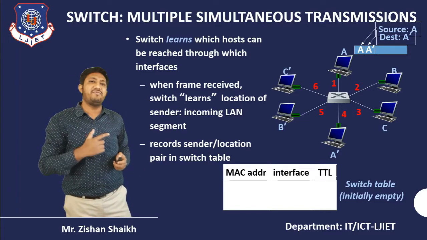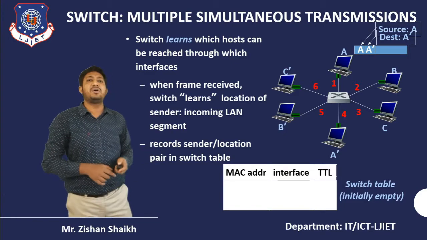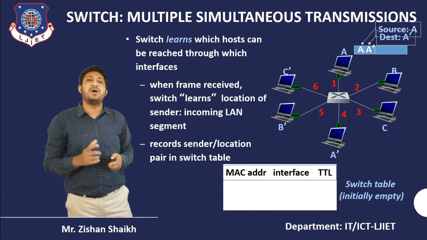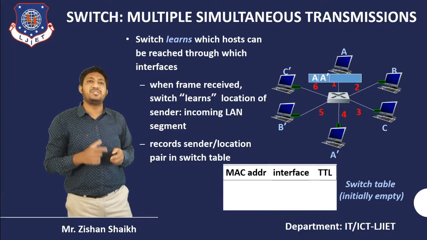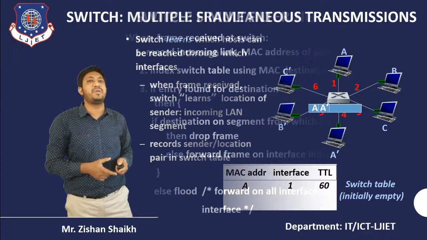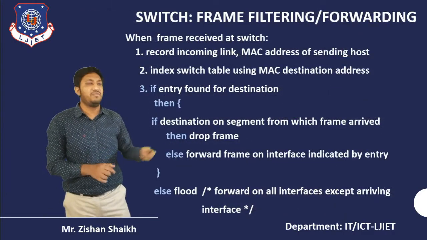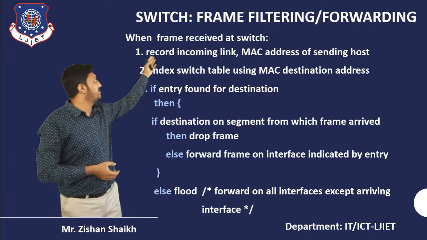Each time a request comes in and goes out, the switching table is updated, and with the help of this switch table, the data is forwarded throughout the session of packet transfer from source to destination. For that, this algorithm's steps will be followed. So this is the very basic idea.